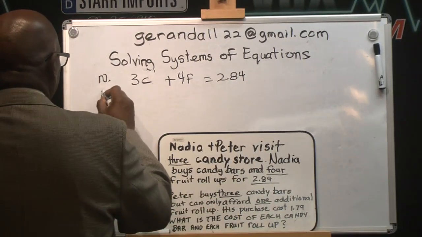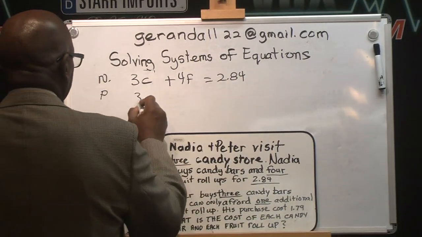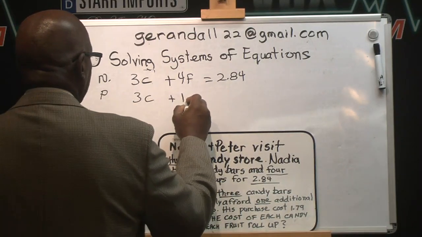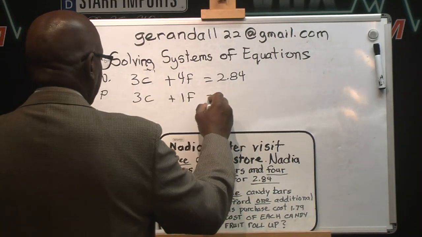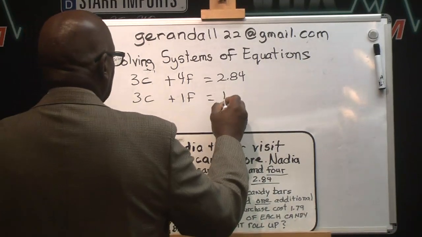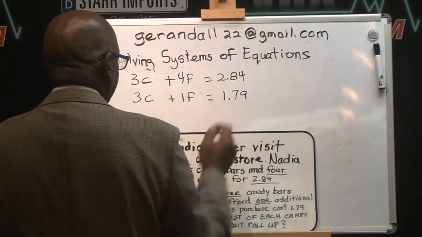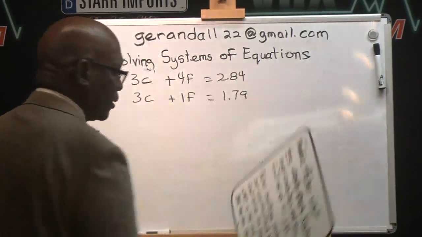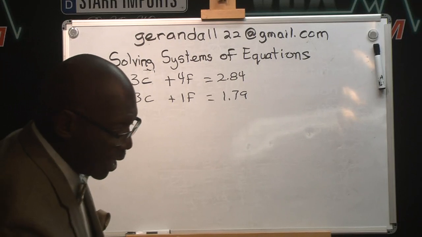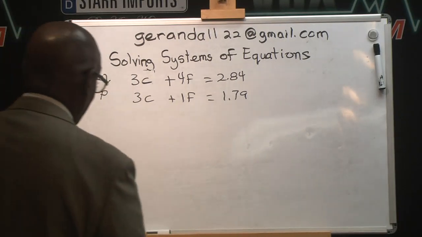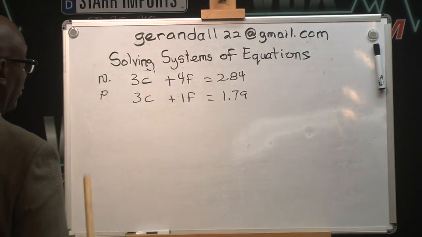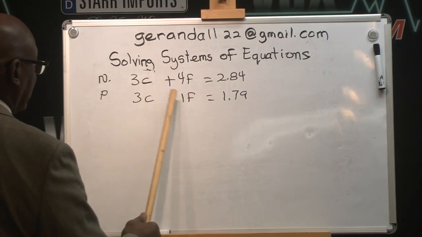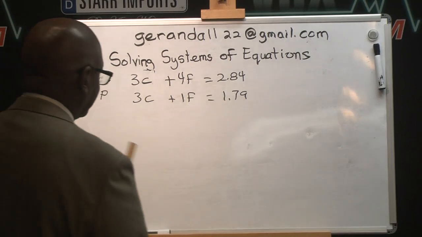Peter also bought 3 candy bars. However, he could only afford 1 fruit roll-up, and his total was $1.79. Again, we have a system of equations, and they asked us to find the value for the candy and the fruit roll-up.